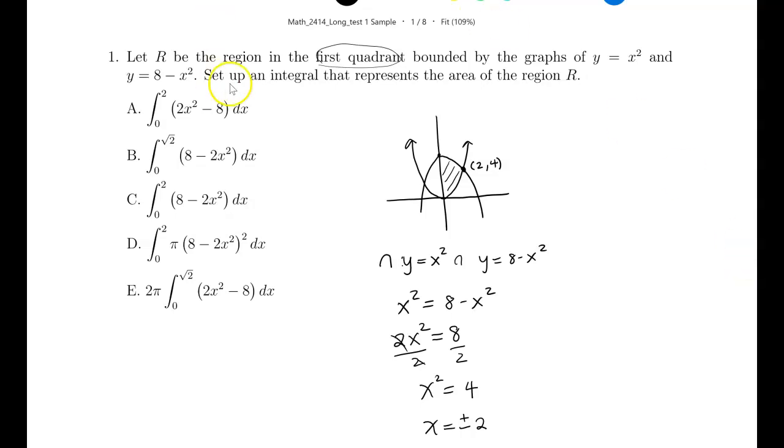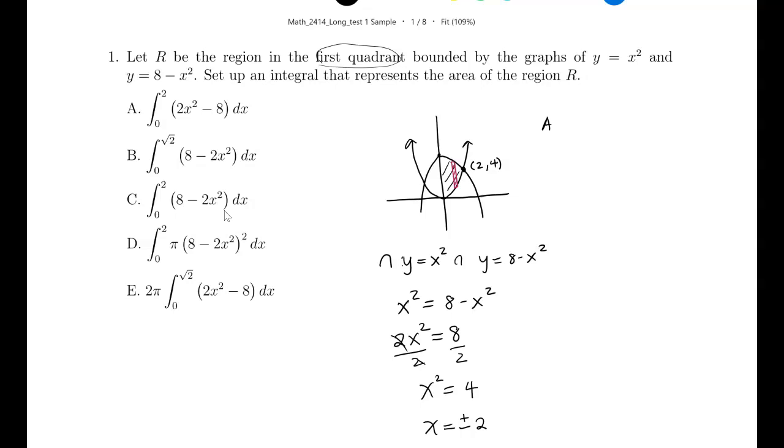Now let's go ahead and set up the area of the region on the first quadrant. So this region here. To do that, we have two choices. We can either use a vertical strip or a horizontal strip. If you look at the choices here, these are in terms of x. So that means that we are to use a vertical strip to set up the area of the region.